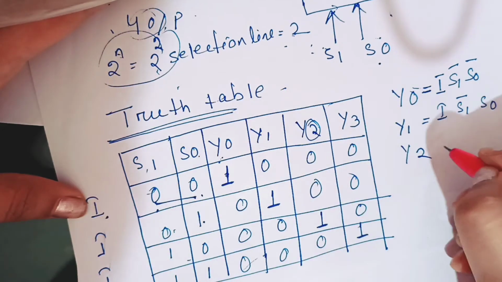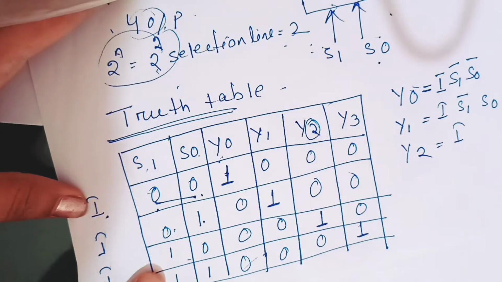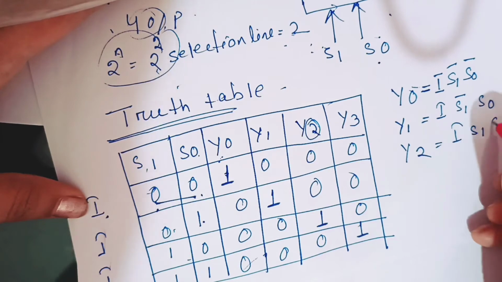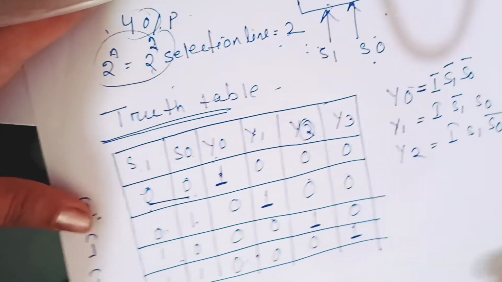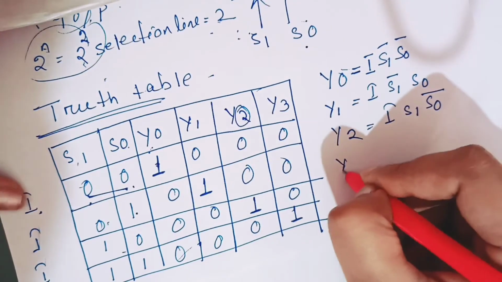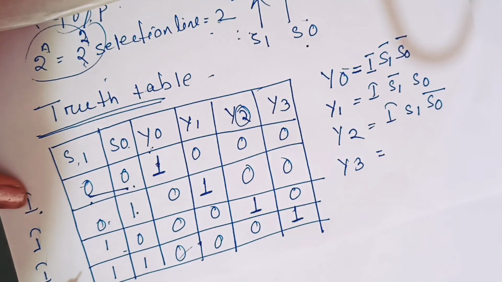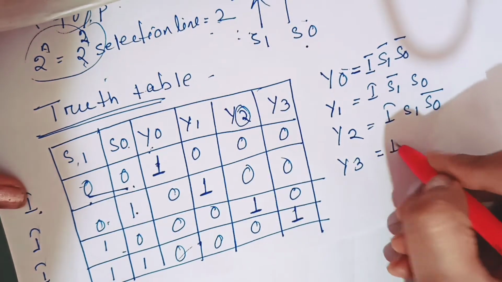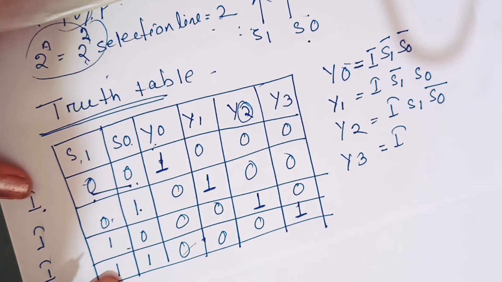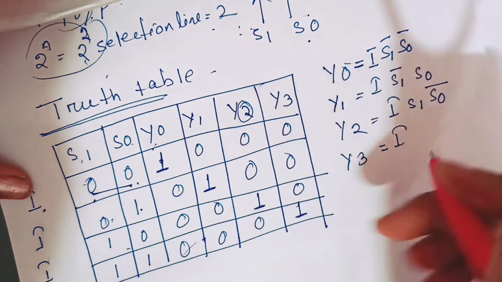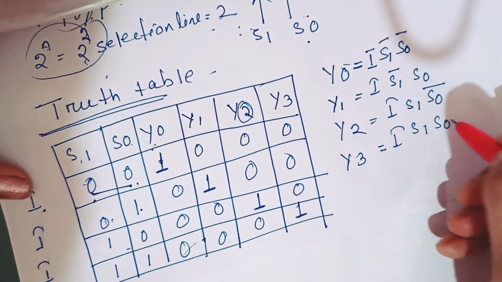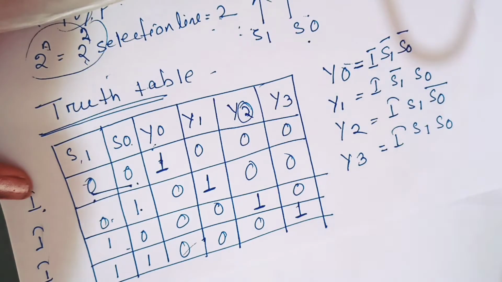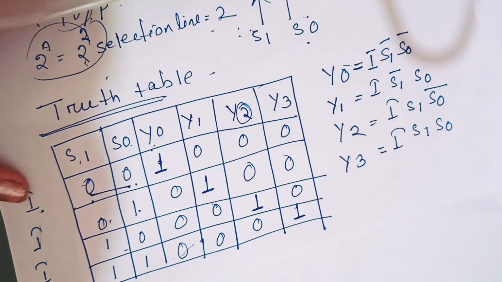Y2 is equal to I S1 S0 bar, and your Y3 is equal to I with S1's value 1 and S0's value 1: I S1 S0. Clear? These are your 4 conditions, 4 outputs.